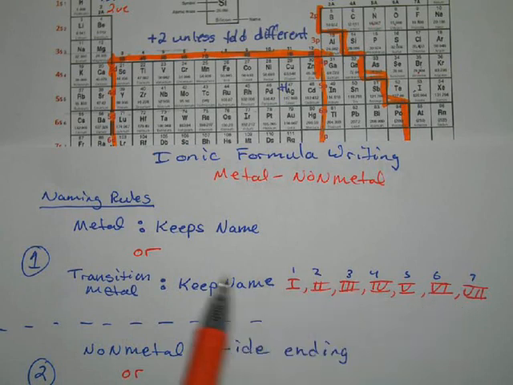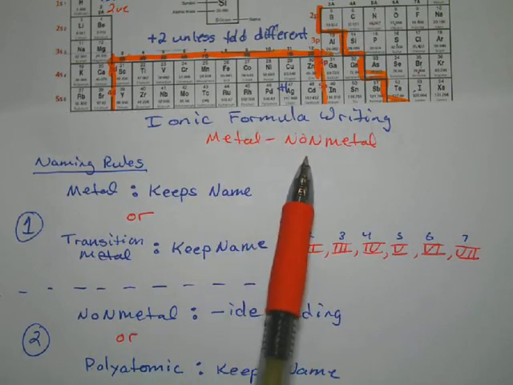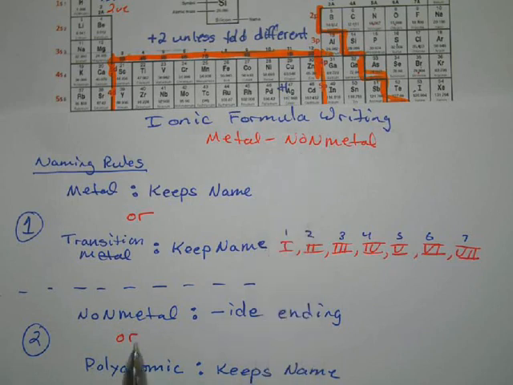Now the nonmetal, because that's what an ionic compound is, it's a metal bonded with a nonmetal. The nonmetal, if it's a single regular nonmetal, it takes an "ide" ending. Now if it's a polyatomic, it doesn't have the "ide" ending, it just keeps its name, okay? So this is how we're going to determine what we're going to be doing, okay?